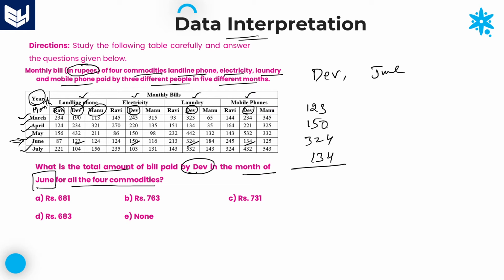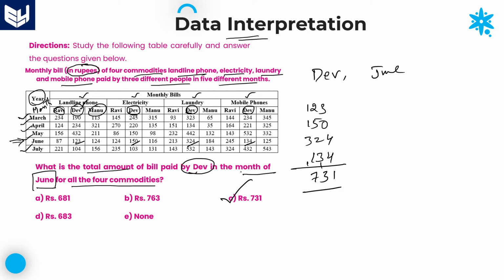4 plus 4, 8. 8 plus 3, 11. And next, 3 plus 1, 4. 6 plus 5, 11. 11 plus 2, 13. Next, 1 plus 1, 2. 3, 4, 7. 731, that is the required answer.